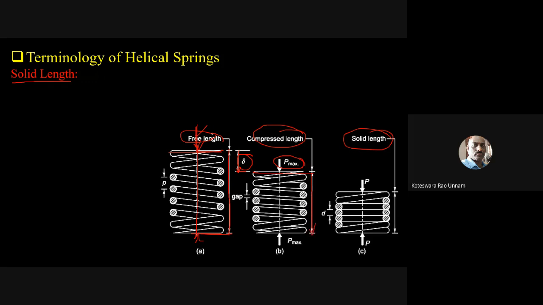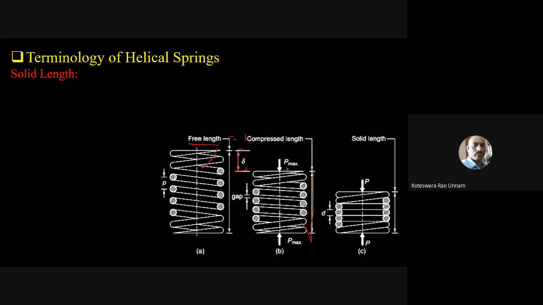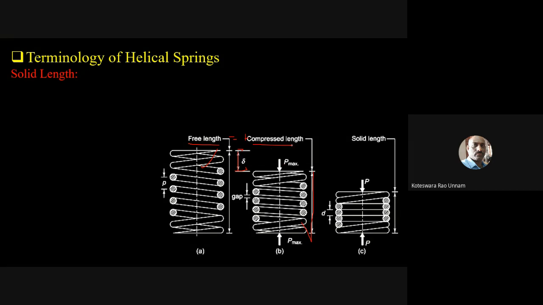If you want to relate these two, your free length should be equal to this delta plus this compressed length. So the compressed length plus this delta will give you the free length.